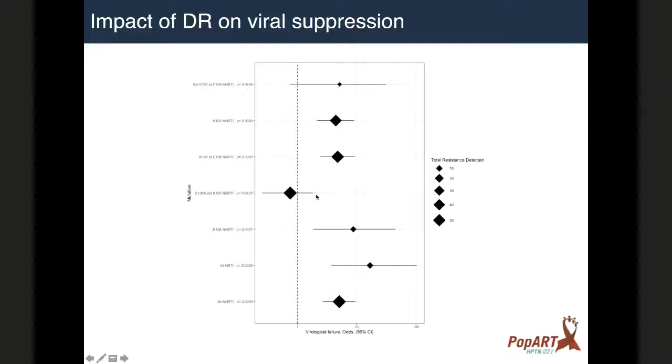When you observe the E138A mutation on its own, it doesn't seem to be associated with virological failure. Which is perhaps not surprising for what's known about E138A, given that it doesn't associate with resistance to the drugs that are commonly observed in Zambia.